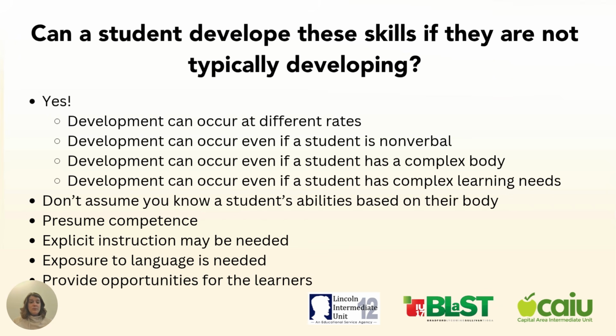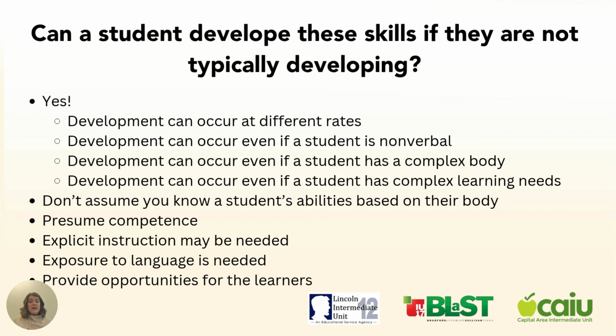We need to presume the competence. We need to give the students the opportunity to learn. We need to provide explicit instruction. We need to still have that exposure to language. That's why we talk about inclusion so much, being included and exposed to the vocabulary and the opportunities and the regular peers is so beneficial for developing those language skills.